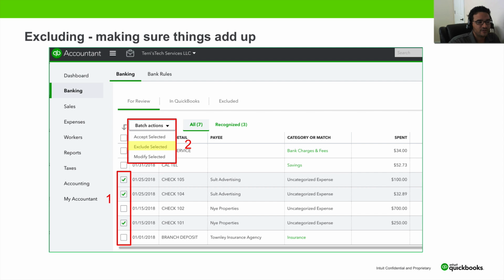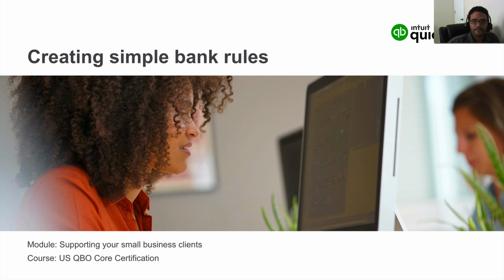So that's a typical use case where we've already reconciled the banks and we want to exclude things because we don't want to potentially duplicate them, because we know for a fact that we already finished reconciling all of January. The only transactions you should be bringing in are February moving forward, again, because we already reconciled January. Okay, so that's the point of excluding.